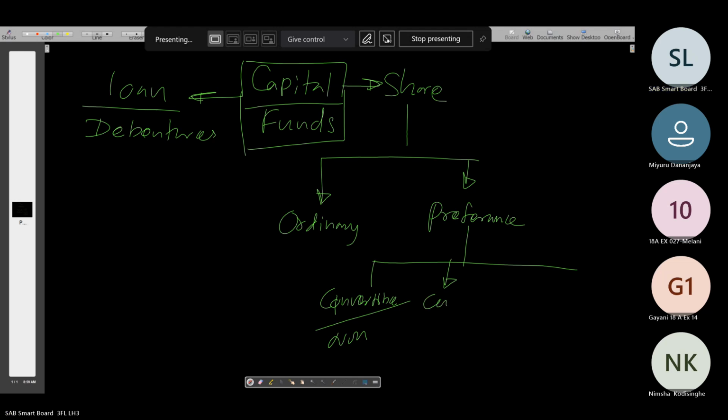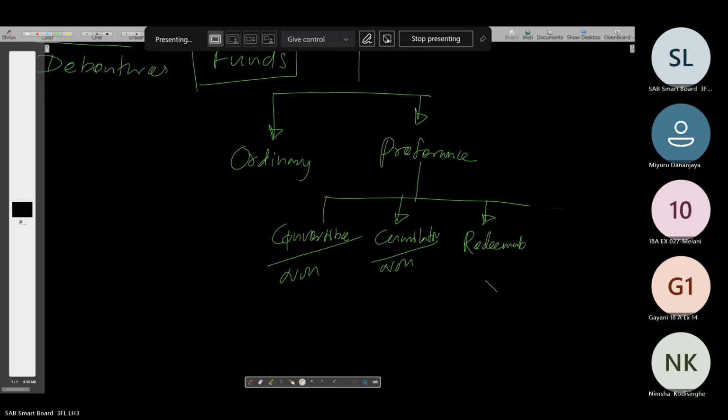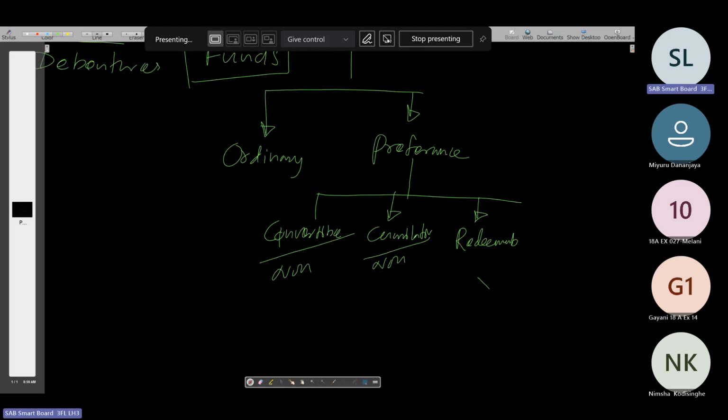Cumulative, non-cumulative. Then redeemable and irredeemable.